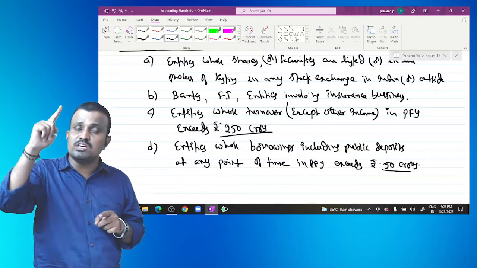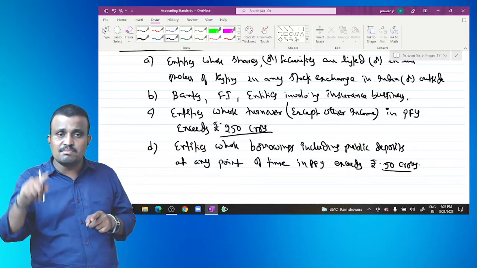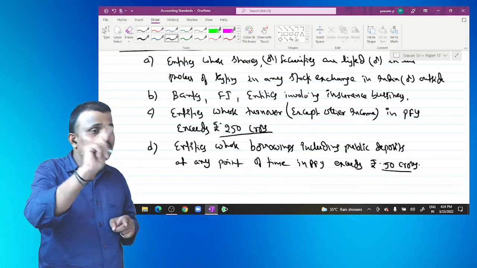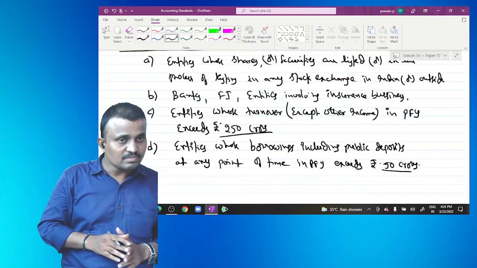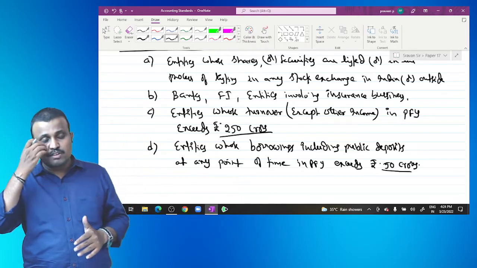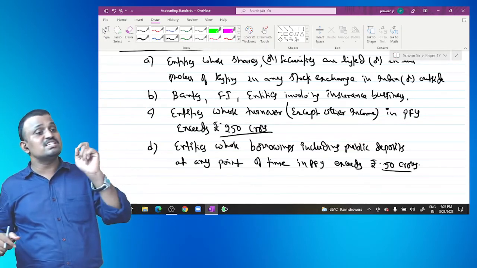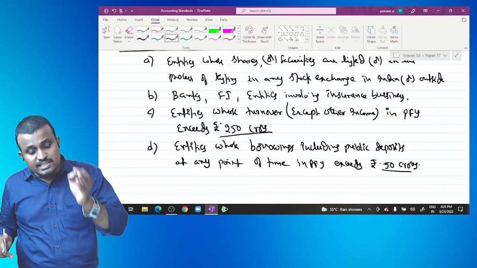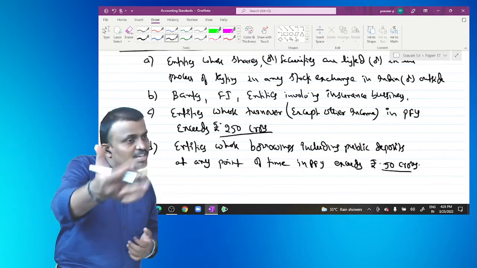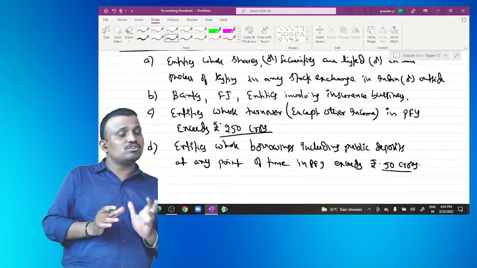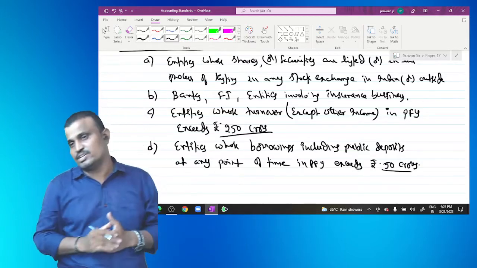Verify throughout the year, at any point of time, if the borrowing exceeds 50 crore or not during the preceding financial year. At any point of time, if the total borrowing exceeds 50 crore, then that entity is covered under Level 1 enterprise. But coming to the turnover, we have to consider the whole turnover during the year.